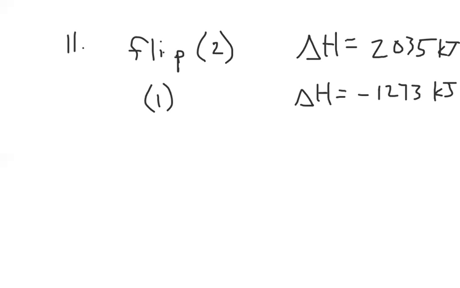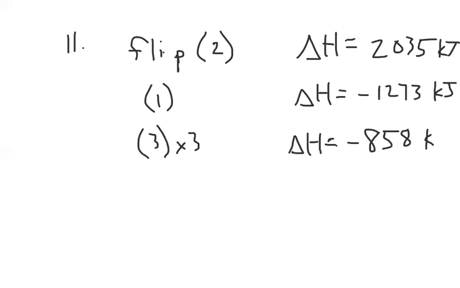And then you're going to have to take number 3 and multiply by 3. And that will help get the 3H2 molecules that you need on the left. And our delta H for that will end up being negative 858 kilojoules. And then number 4, you're just using as a way to cancel some things out.